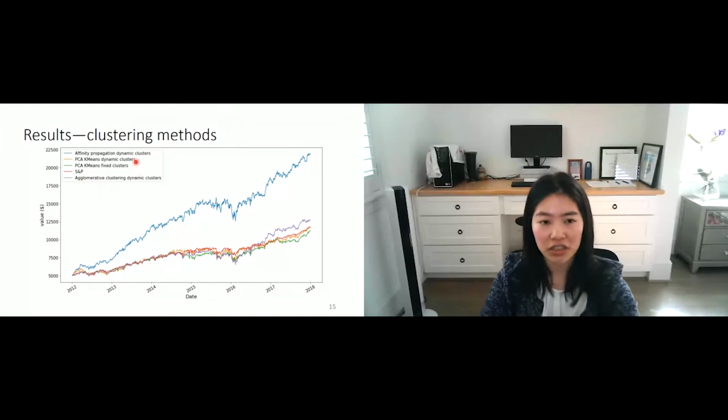If a strategy says dynamic clusters, it means that we updated the clusters quarterly based on the data from the previous quarter. And looking at the results, the bottom 3 performers were the S&P and the K-means.